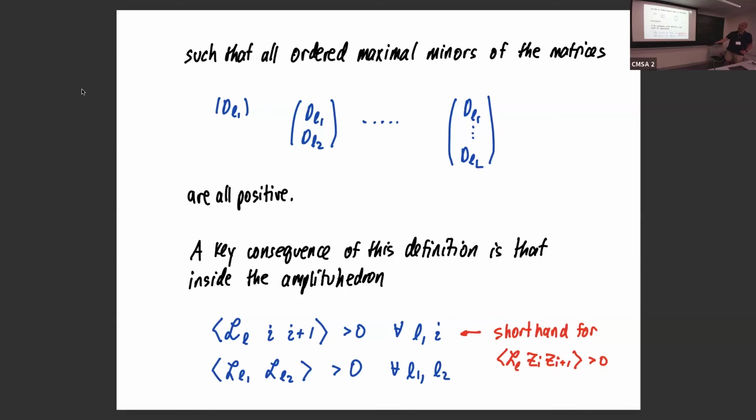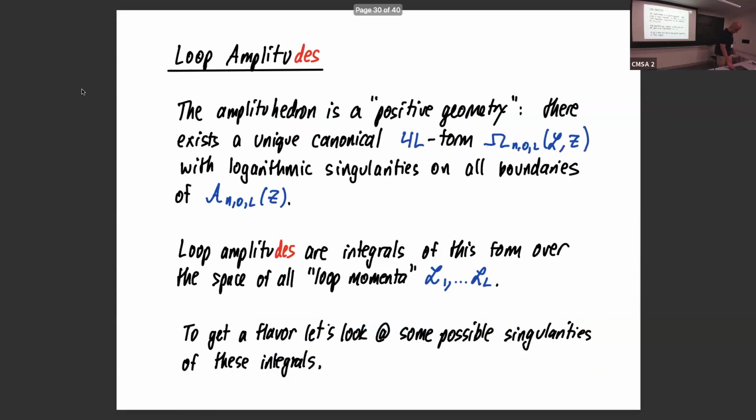So given a line, I can calculate the 4 bracket of that line with 2 other points by just smashing them together and taking the determinant. And so here, this bracket is shorthand for the 4 bracket of L with Z_i, Z_{i+1}. Anyway, a consequence of the definition is that all of these brackets have to be positive inside the loop amplituhedron.